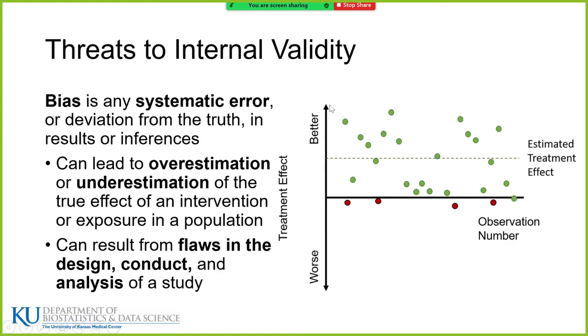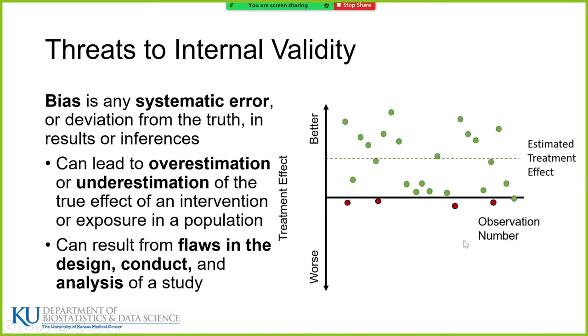And then along the y-axis, we just have some indicator of whether the treatment effect was a positive effect for that particular patient. So dots above the line that are also shaded in green were positive outcomes. And any dots below the line that are also shaded in red were negative outcomes. And if they're along the line, it's kind of negligible.